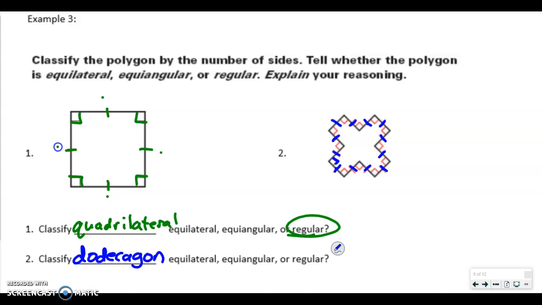So we have 1, 2, 3, 4, 5, 6, 7, 8. It is actually not equiangular because we cannot include those exterior angles. We can only look at the interior angles to decide if it's equiangular or not. So it is just equilateral.